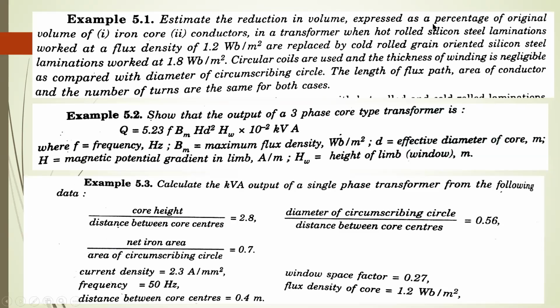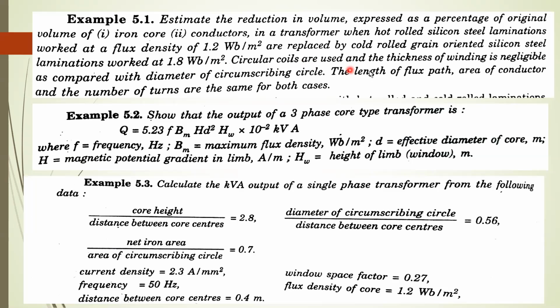Estimate the reduction in volume, expressed as a percentage of original volume, of iron core and conductors in a transformer when hot rolled silicon steel lamination worked at a flux density of 1.2 Weber per meter square is replaced by cold roll grain oriented silicon steel lamination worked at 1.8 Weber per meter square.